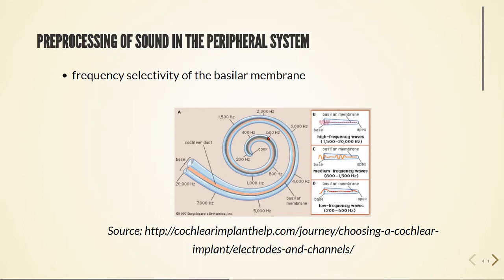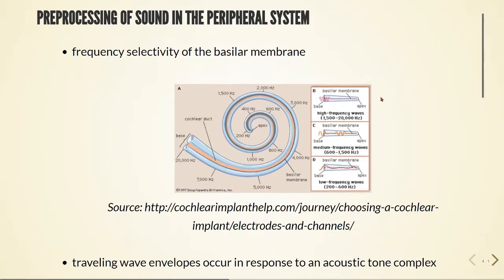So this figure here shows the behavior of the traveling waves of different frequencies along the basilar membrane for the complex tone, which are presented simultaneously and propagate from the oval window to the apex.